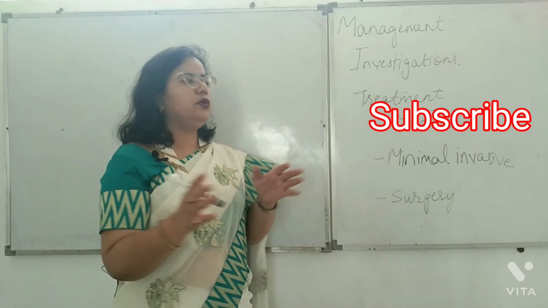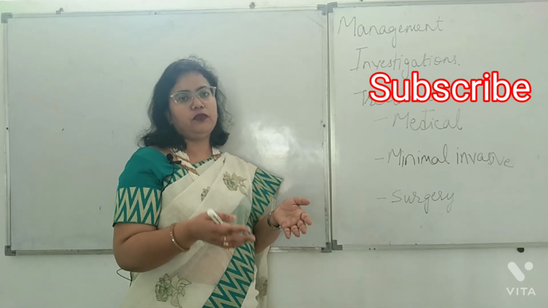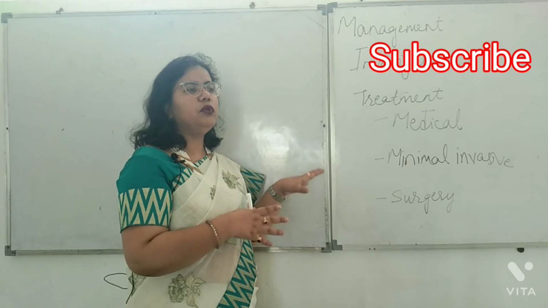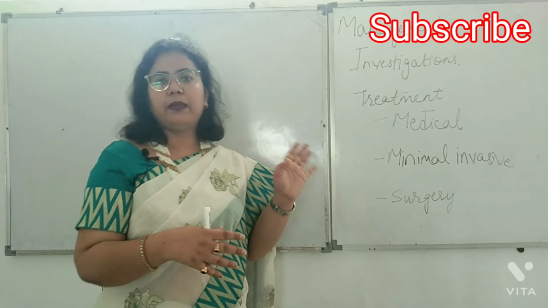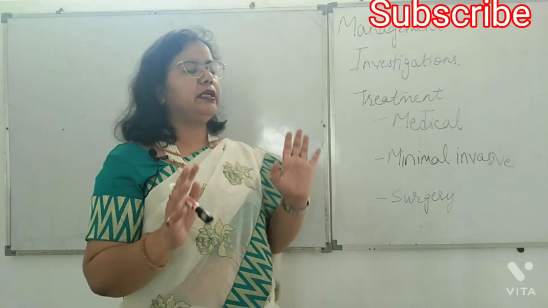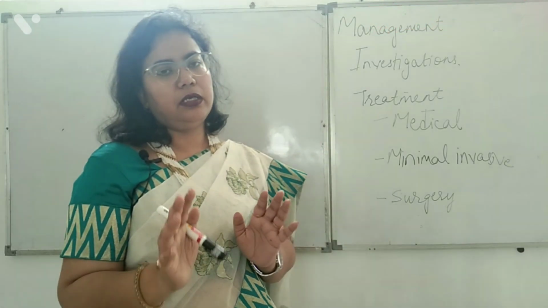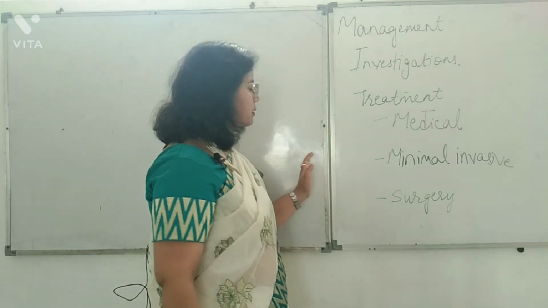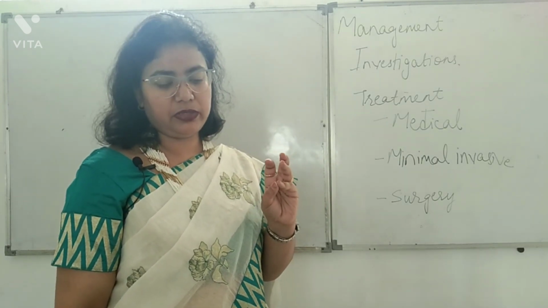She has not come to you with menorrhagia or dysmenorrhea, she has come as a case of infertility, and you have ruled out other causes of her infertility, so you may subject her to myomectomy. But in that case only 40 to 50% success is achieved.